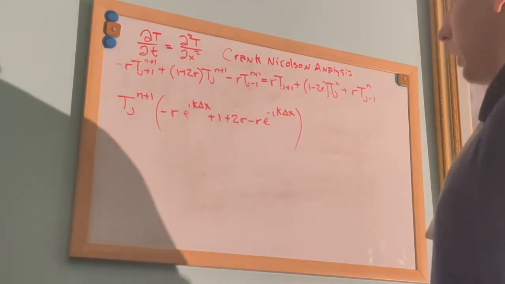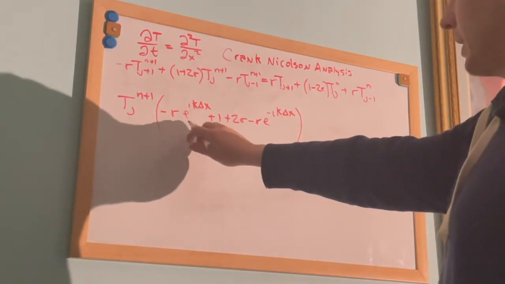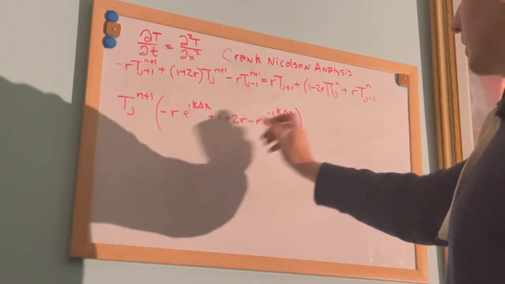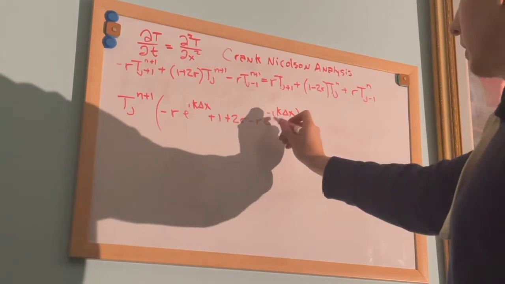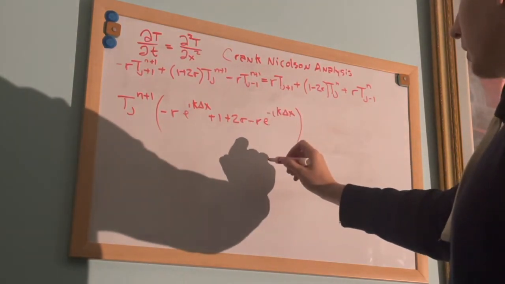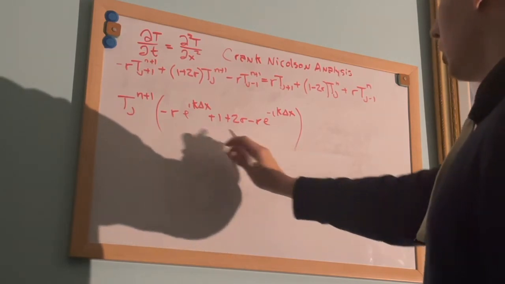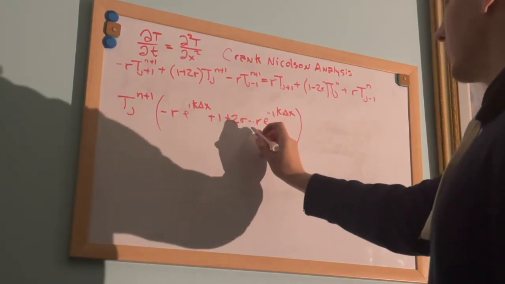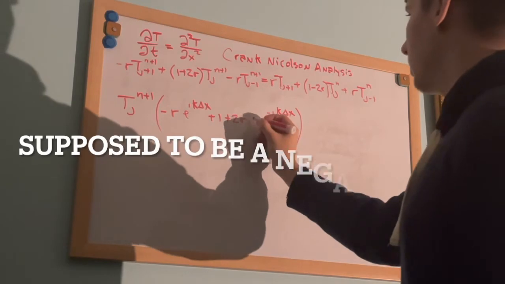So what we realized is that e to the i k delta x and the e to the i k delta x right there, here, let me put a plus there.